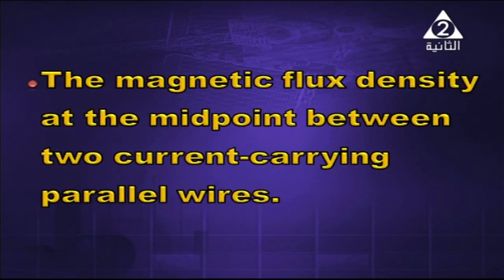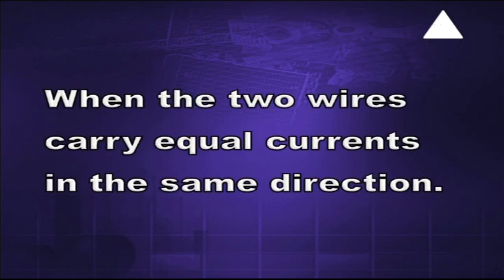When does the magnetic flux density at the midpoint between two current carrying parallel wires equal 0? This happens when the two wires carry equal currents in the same direction.